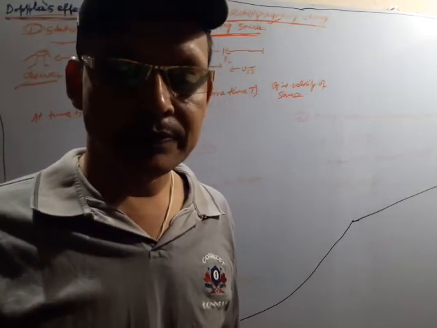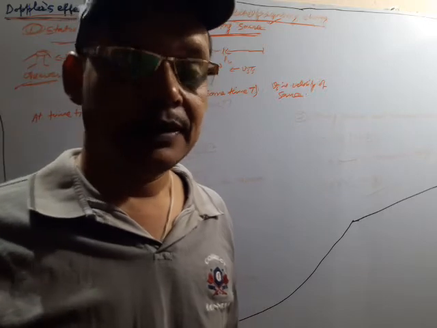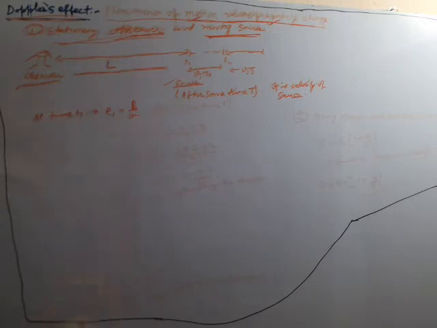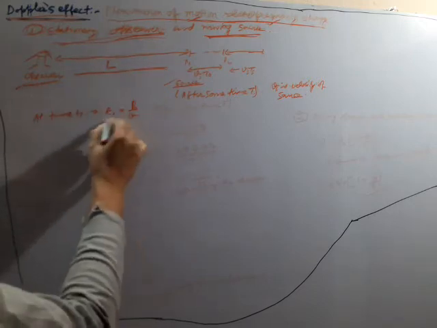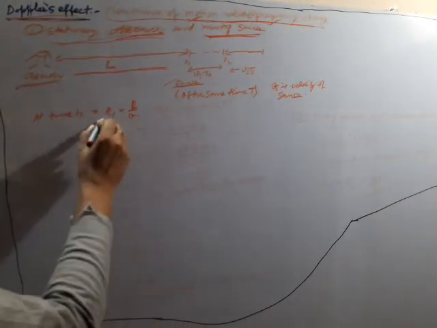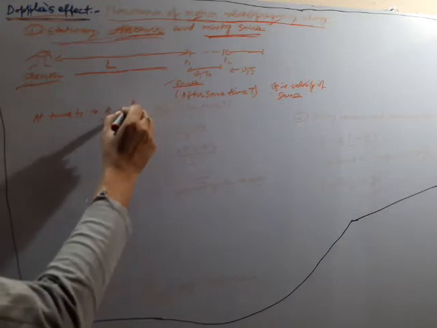Velocity is equal to displacement by time. The displacement is L, and the time is T1. L by T1 is V. So you have to write T1 is equal to L by V.